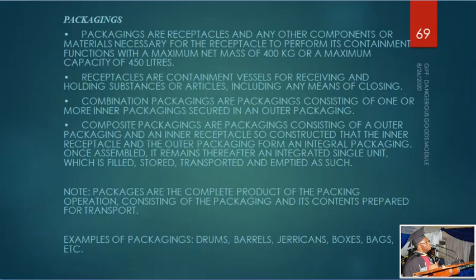Receptacles are containment vessels for receiving and holding substances or articles, including any means of closing. Combination packagings are packagings consisting of one or more inner packaging secured in an outer packaging.